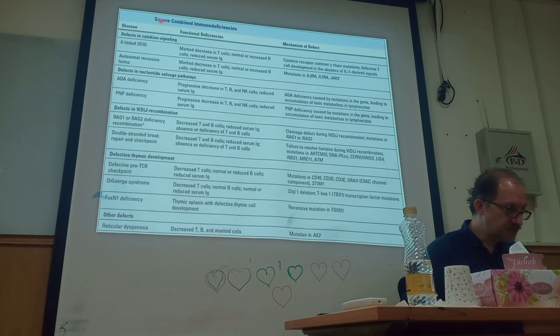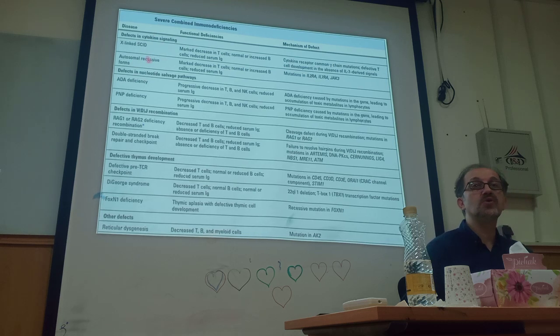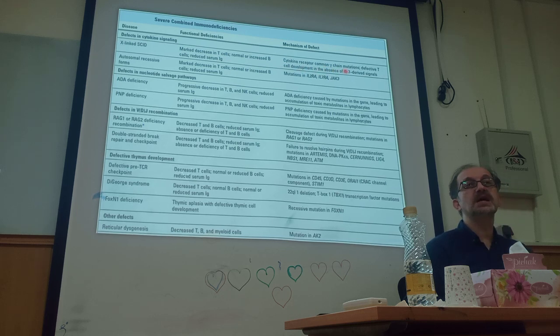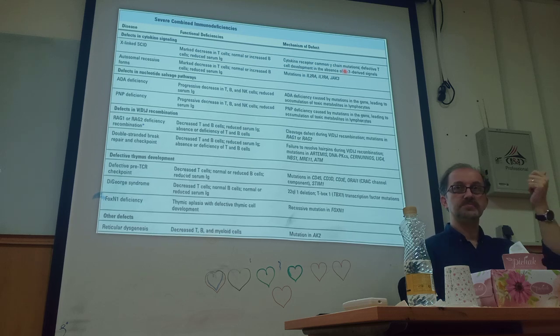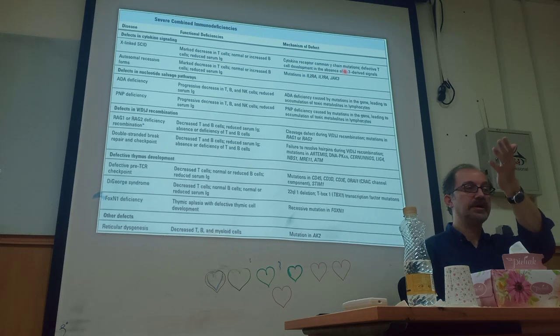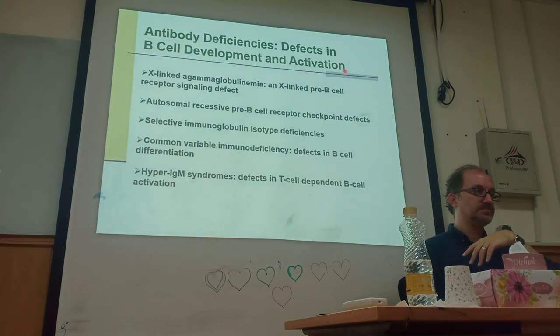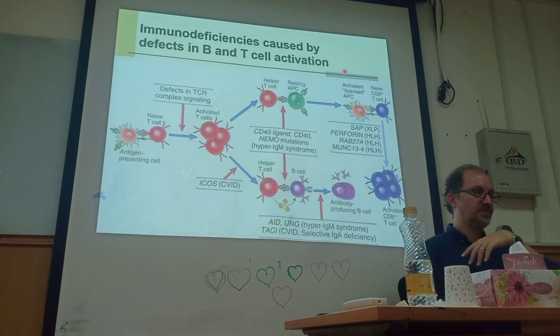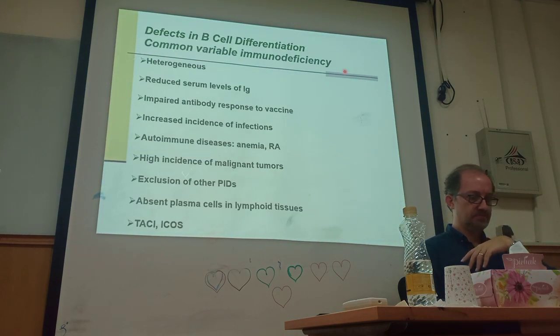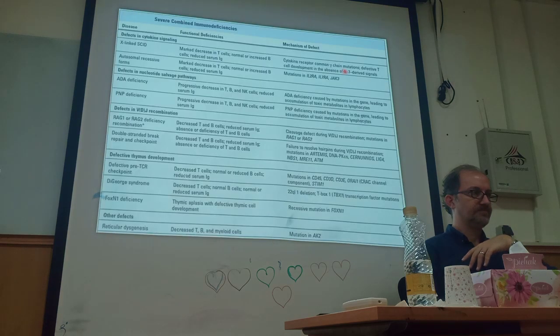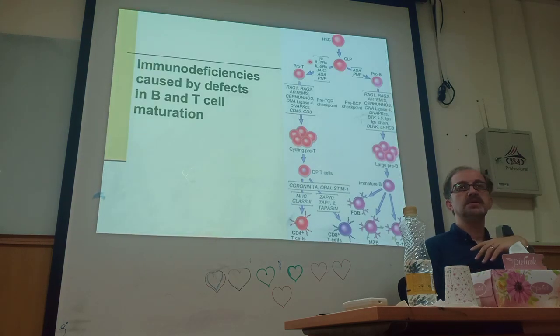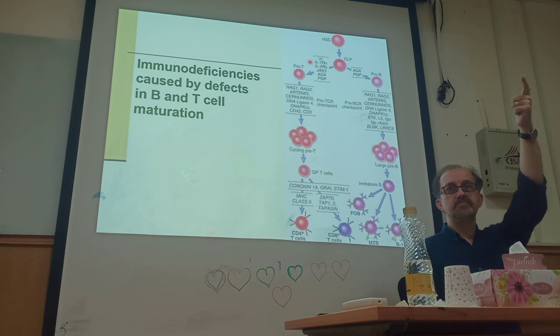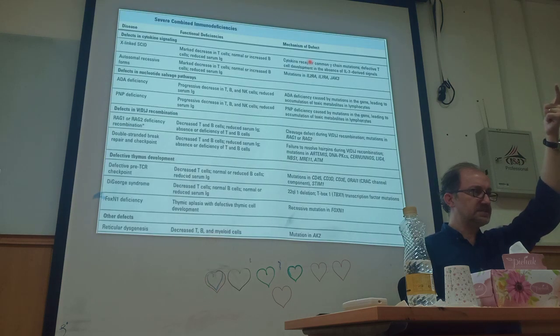Why? Because the first group is defects in cytokine signaling. You can see the gamma chain. What was the result of the gamma chain? T negative, B positive. Please have a look at this table.